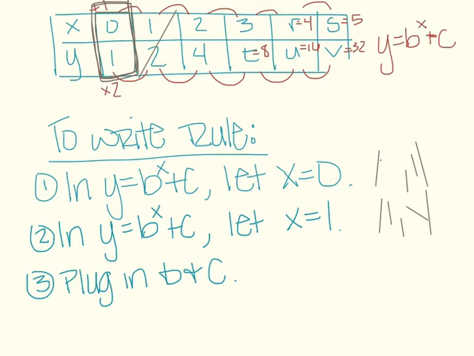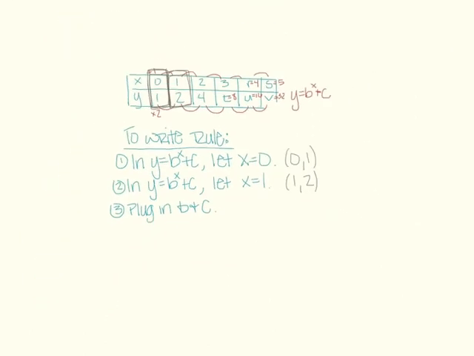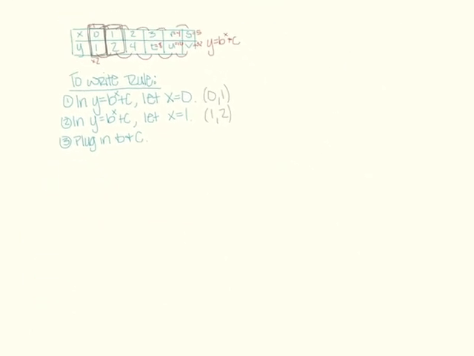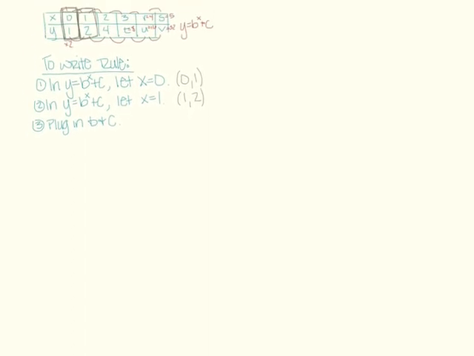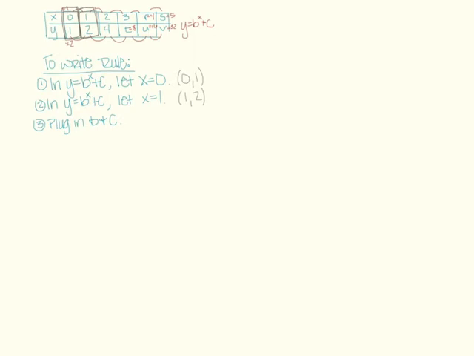Okay, so let's go ahead and move this over so we've got the space that we need. And here we go. Step number 1, let x equal 0. So I have y equals b to the x plus c.